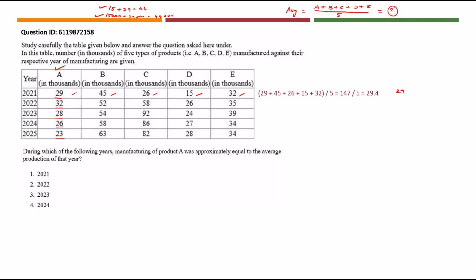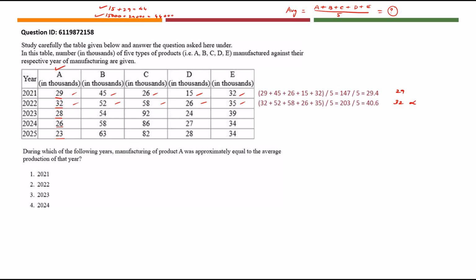Now we will go for 2022. 32 plus 52 plus 58 plus 26 plus 35. The sum is 203 divided by 5. This will give a value of 40.6, but A's value is 32. So there is a big range. This will not be the answer.